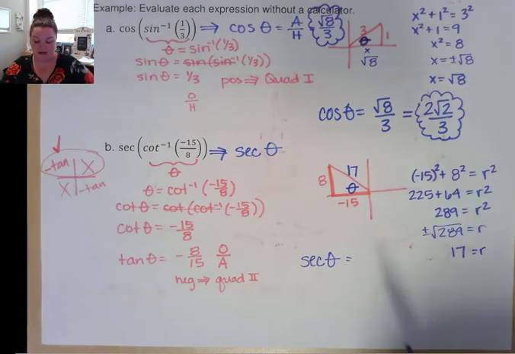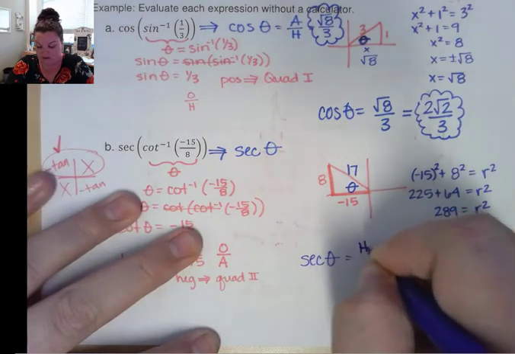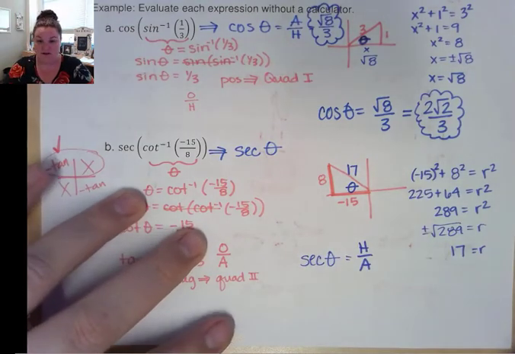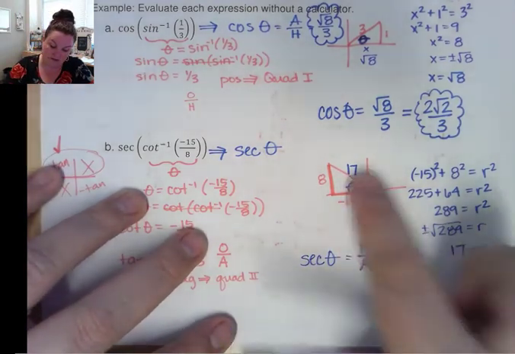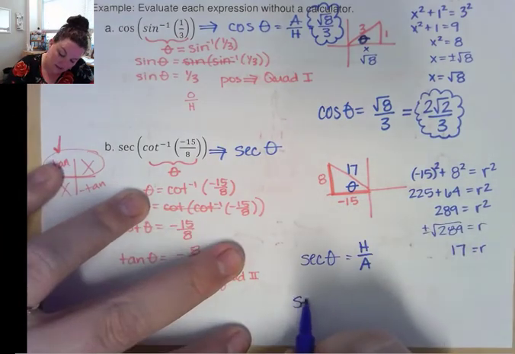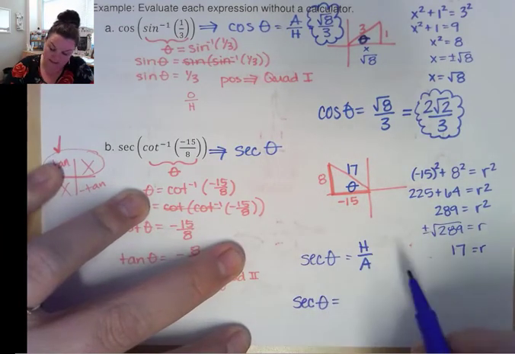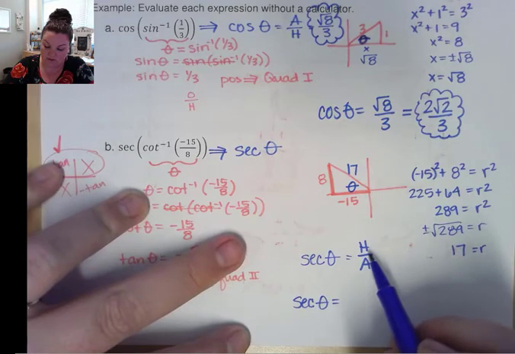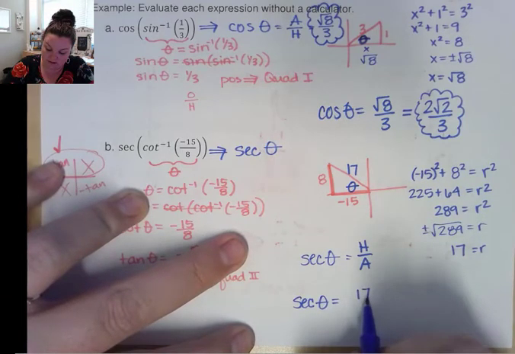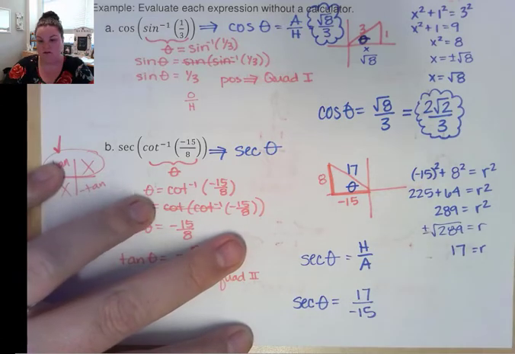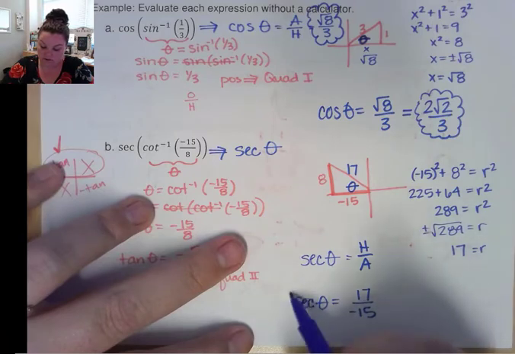So if I flip that, that would be hypotenuse over adjacent. So secant is equal to hypotenuse, which is 17, over my adjacent, which is negative 15. Or you can put this negative out front, right? So we're just going to leave it like that.